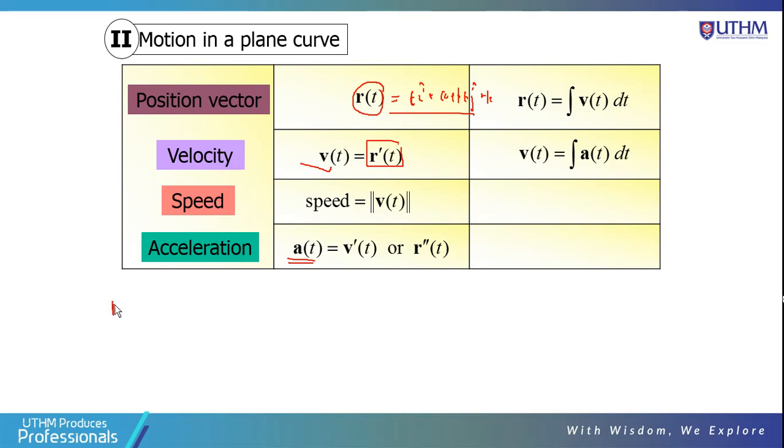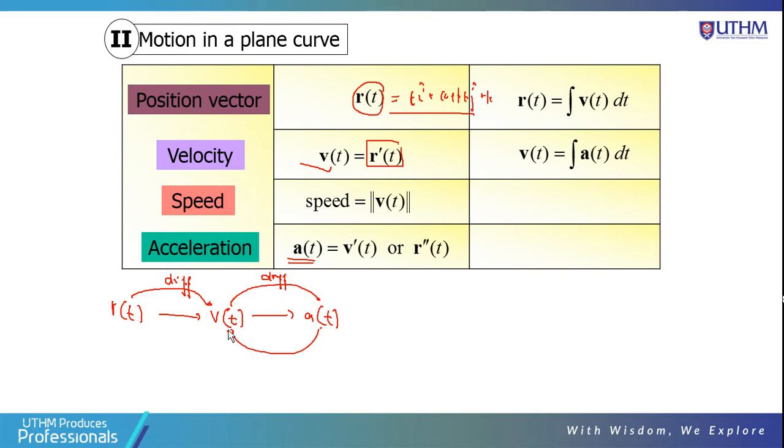So from r(t) you can determine v(t) and then get a(t). You differentiate r(t) to get v(t), and you differentiate v(t) to get a(t). For the reverse, the inverse of differentiation is integration.